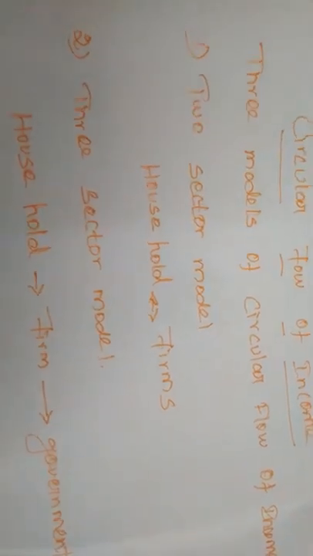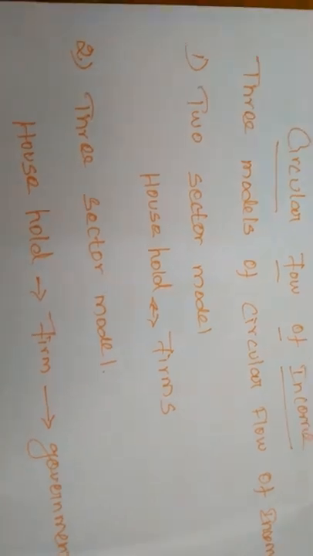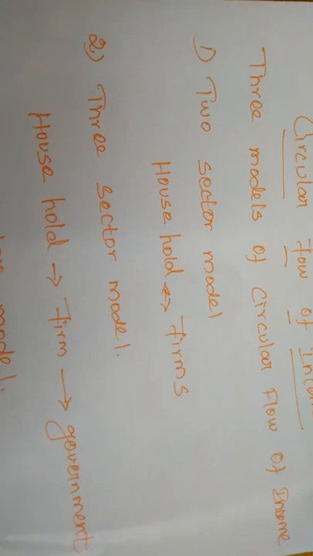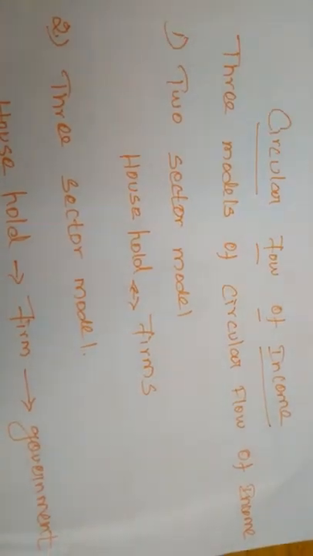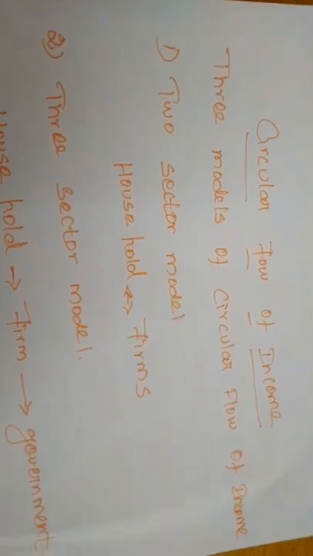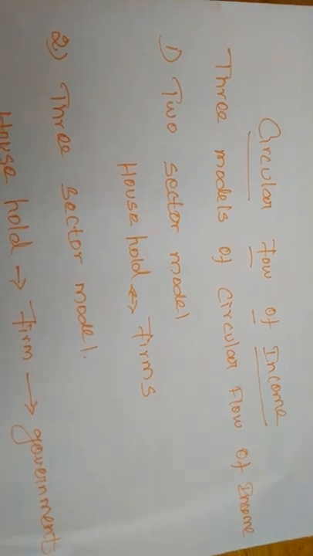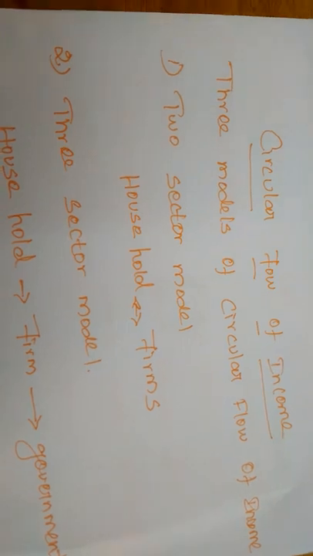The circular flow model shows the connection between the different economic sectors. Accurately, the circular flow of income shows flows of income, goods and services and factors of production between economic agents.